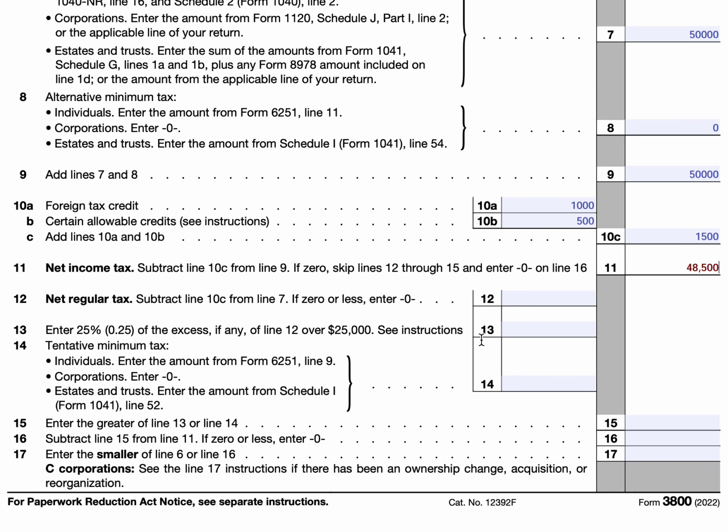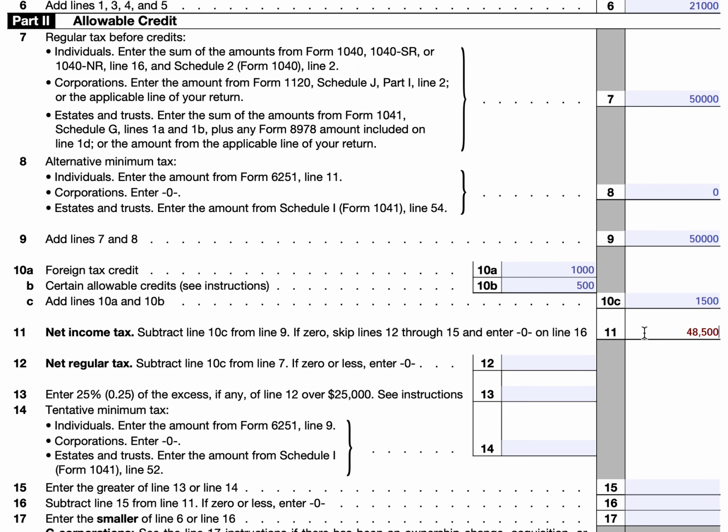So now you're also going to subtract, because we just used this to calculate the net income tax, you have to also subtract line 10C from line 7, which was the regular tax. In this case, it happens to be the same. However, this would be a different number if you had an AMT, alternative minimum tax here.